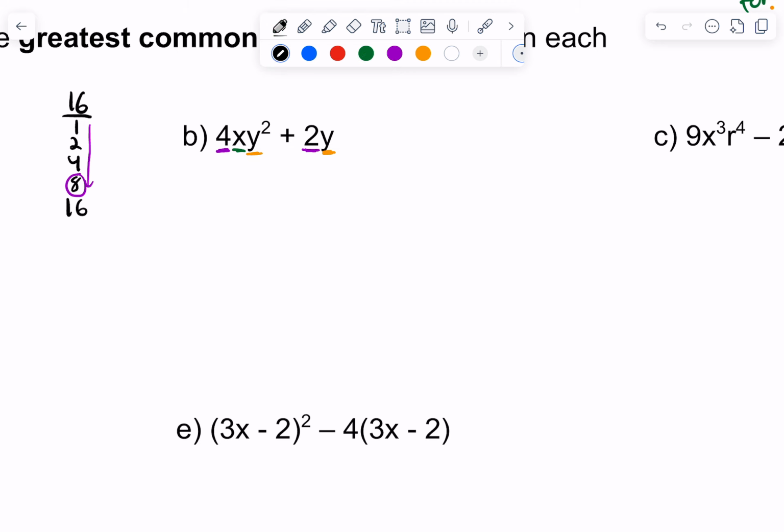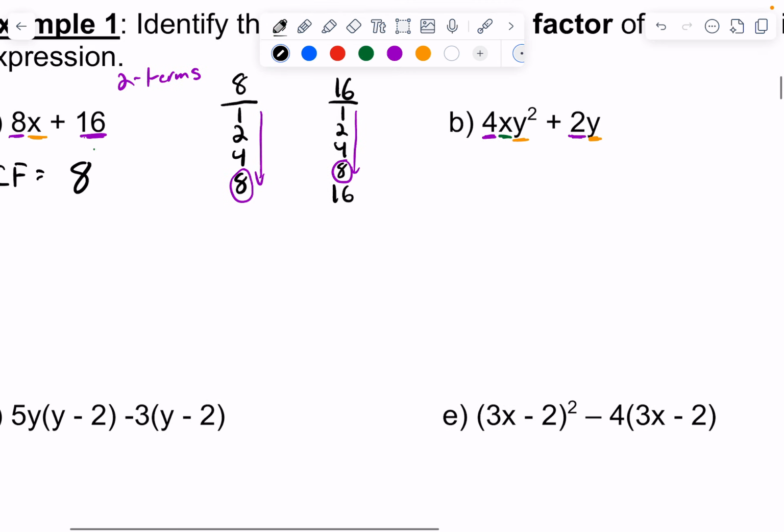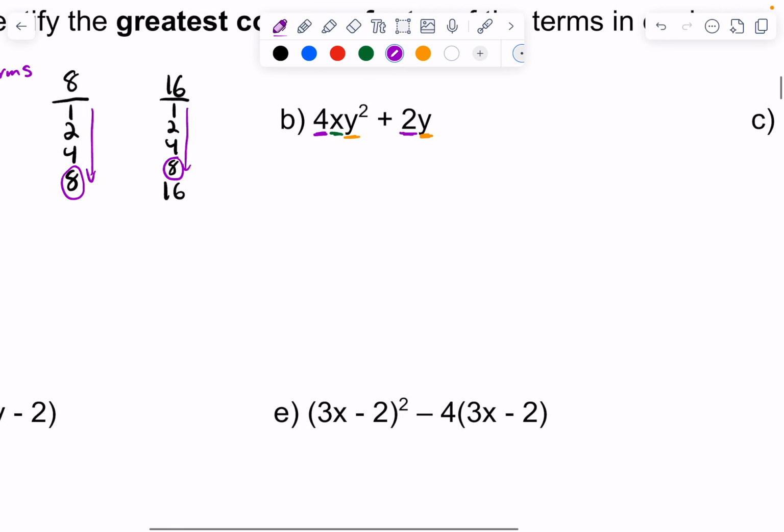To make this more visual, let's show this under purple. When we're looking for our greatest common factor, our GCF, we need to have something from the purple and something from the yellow, because those are the common things from both terms.